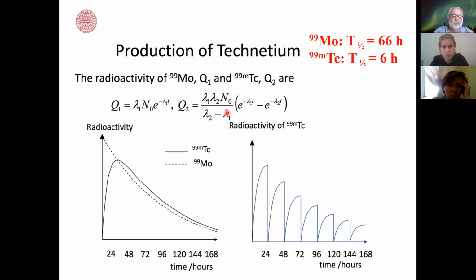And in this formula, lambda 1 and lambda 2 are decay constants of mother and daughter respectively.